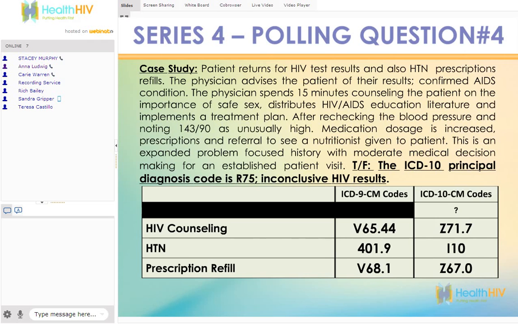However, it's not acceptable to report just the prescription refill code. Your claim or the encounter should include the medical condition that the physician will be dispensing the prescriptions for. In this case, we were asking more about the principal diagnosis for this encounter. So B20 is the principal diagnosis, and the prescription refill code is for the hypertension meds.